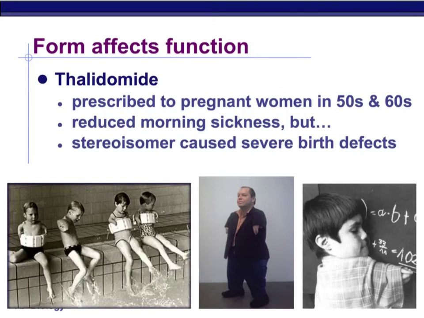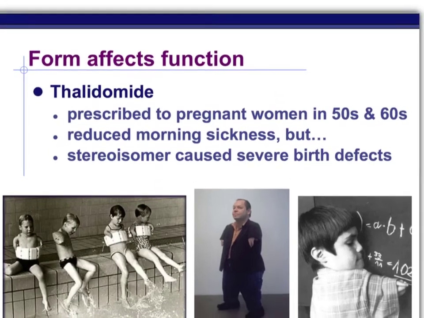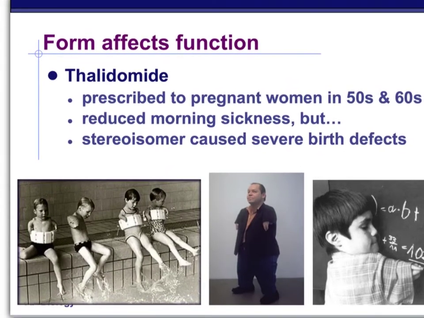If you look at these children, like in all these pictures, you notice that they look fairly normal except for their arms. Look at how small and reduced their arms are. That was one of the birth defects that thalidomide caused, and it's all because the wrong version was activated. The D version was activated as opposed to the L version. So form affects function. Highly important.